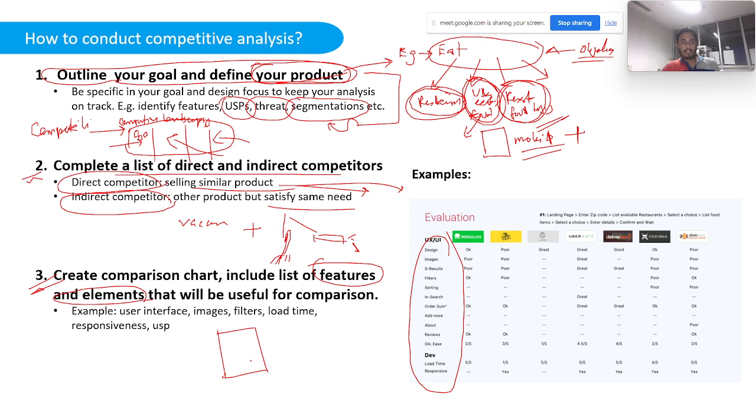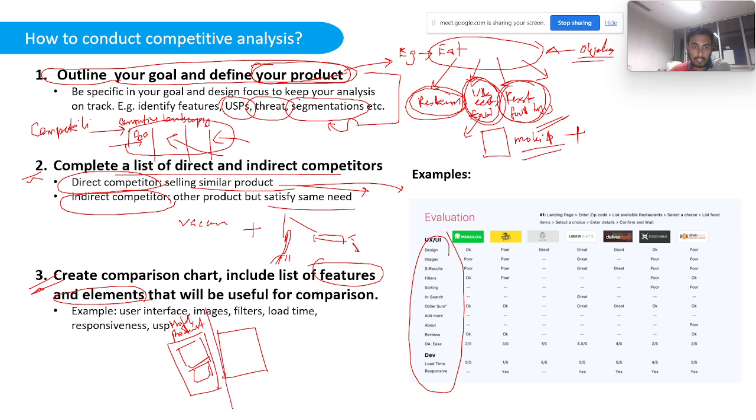If you are running a food service company and you want to have a new product, which is a mobile application so that people can order food using your application, then you can compare before comparing, which is called benchmarking.